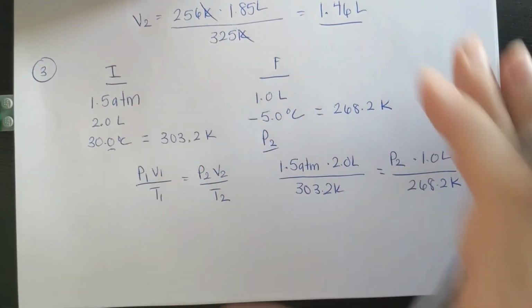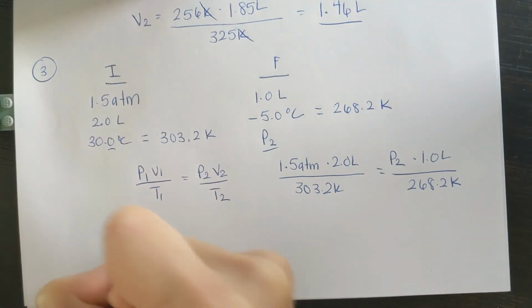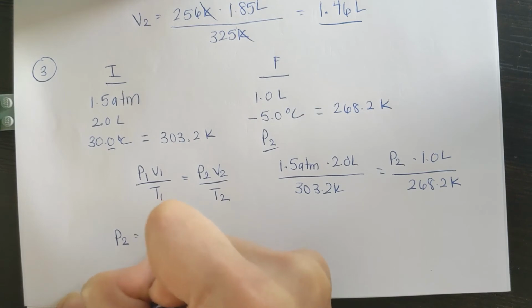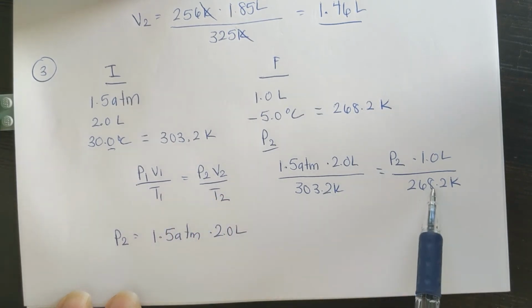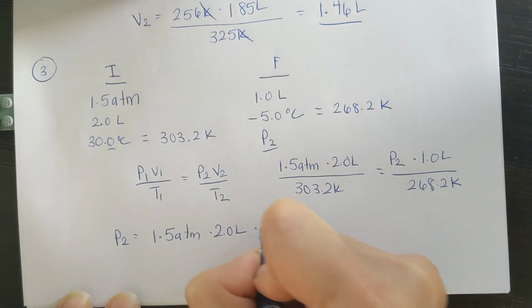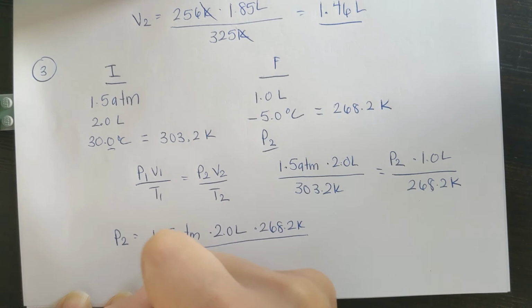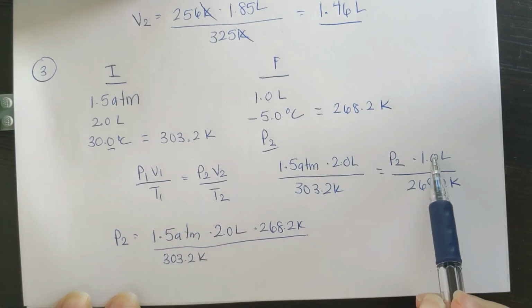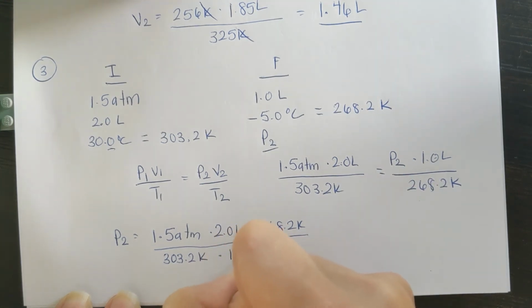Okay, so to solve, I'm going to rearrange for P2. So P2 equals 1.5 atmospheres times 2.0 liters, times 268.2 Kelvin divided by 303.2 Kelvin. And then to get just P2, divide by the 1 liter.